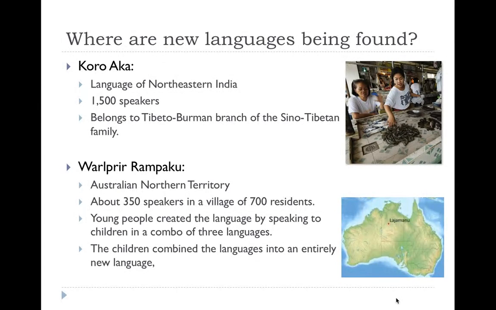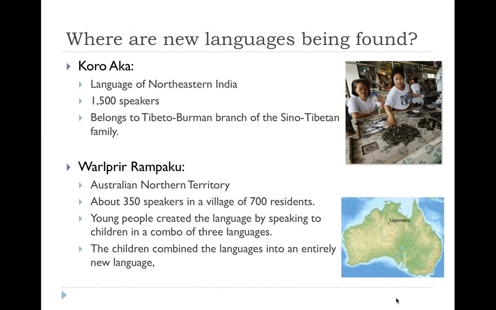And then we look at the other one down here, Warlpiri Rampaku, which is from the Australian Northern Territory. You can see the small village there on the map where this is found. There's only about 350 speakers, and the village is about 700 residents, so not even the entire village speaks this language. But the young people created the language by speaking to children in a combination of three different languages.